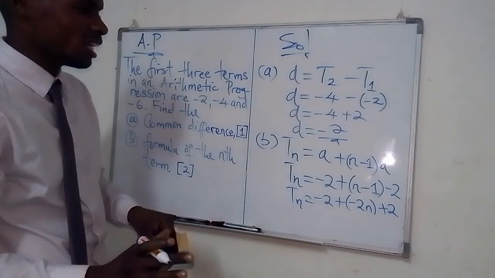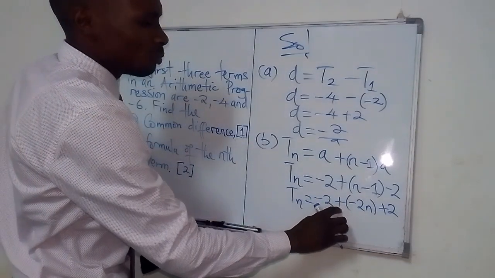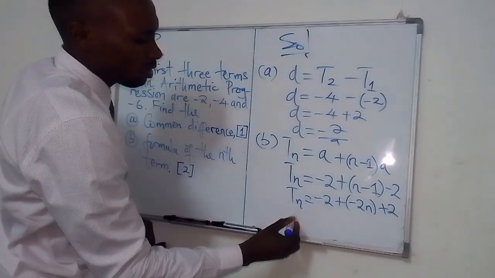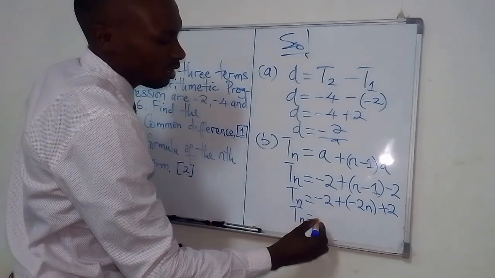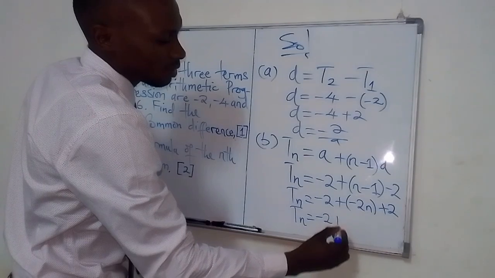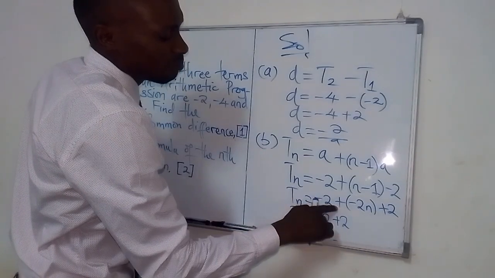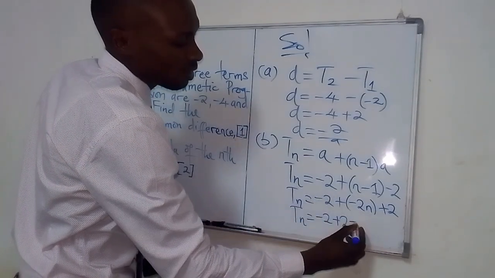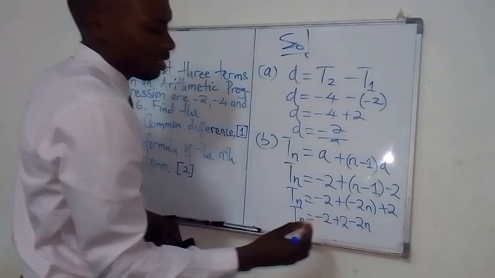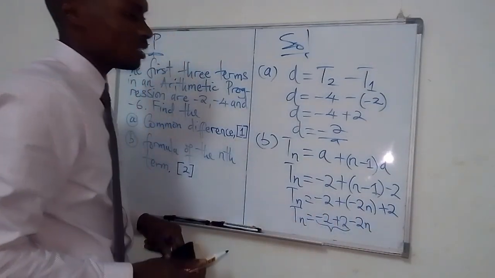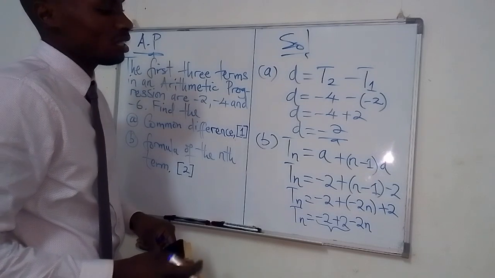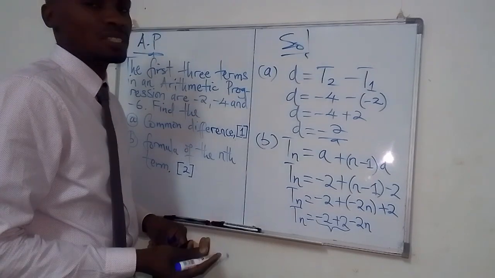If we collect like terms and also multiply this, we are going to get the following. Tn is going to equal -2 plus 2, then positive times negative is negative, so 2n. That's what we're going to have. And then negative 2 plus 2 gives a 0.